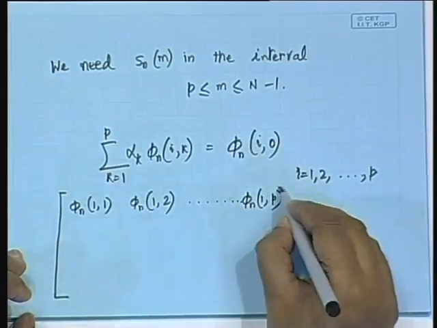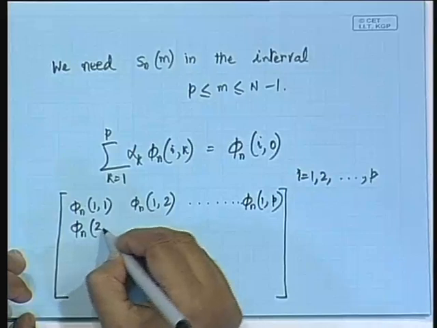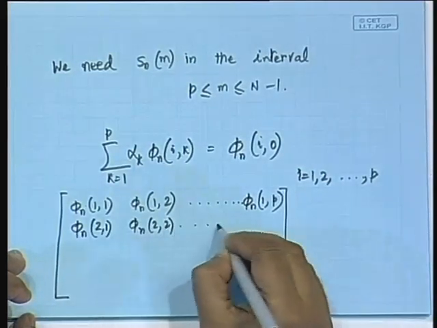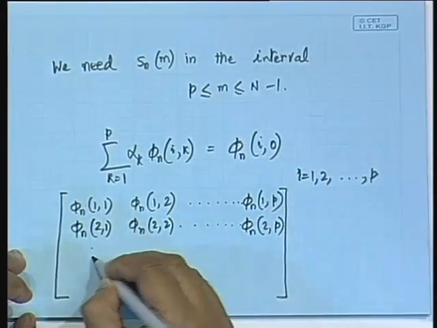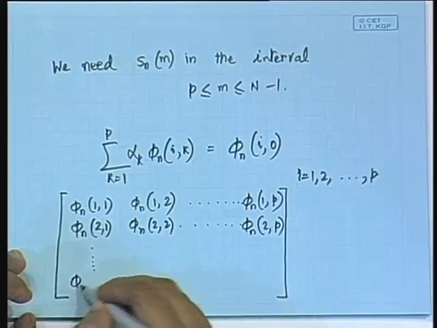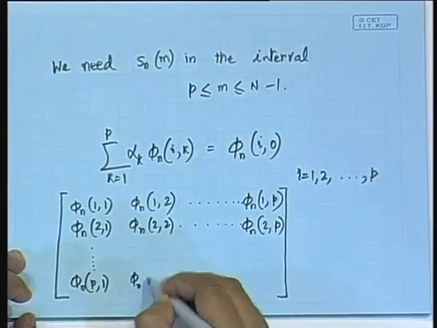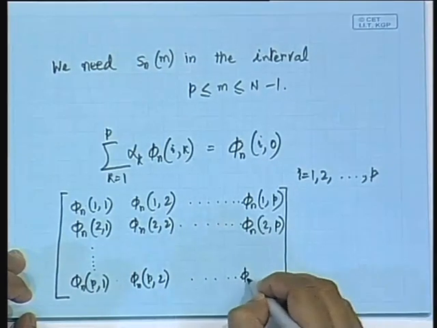Then the second row elements, phi n 2 1, phi n 2 2 up to phi n 2 p, and the last, the pth row, phi n p 1, phi n p 2, and it ends with phi n p p.